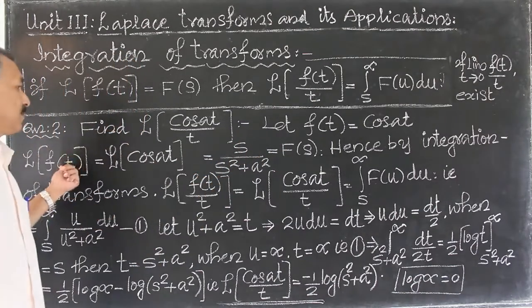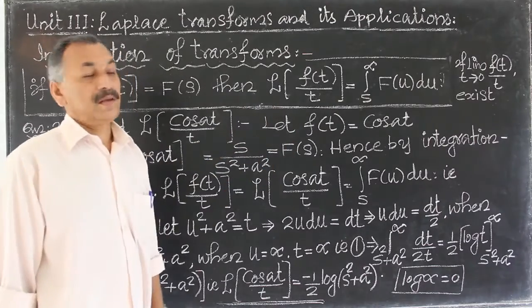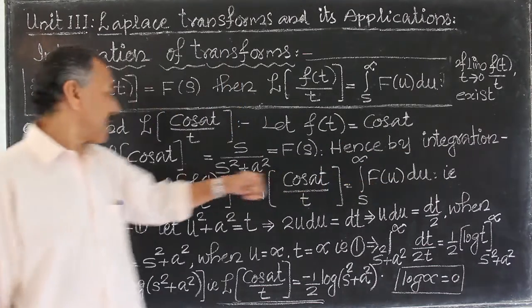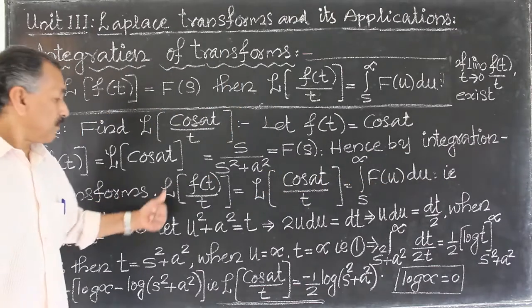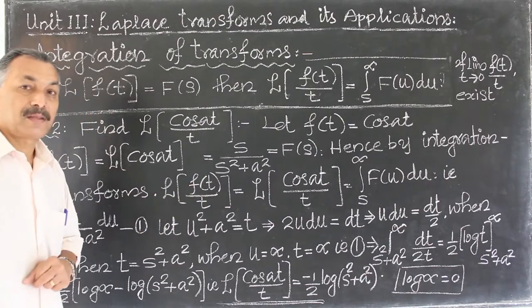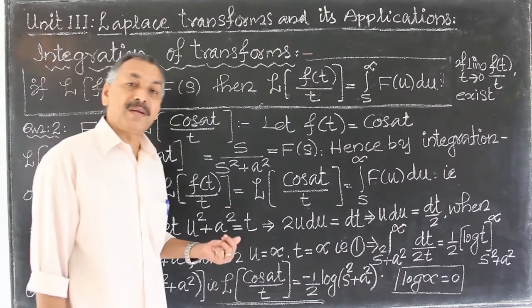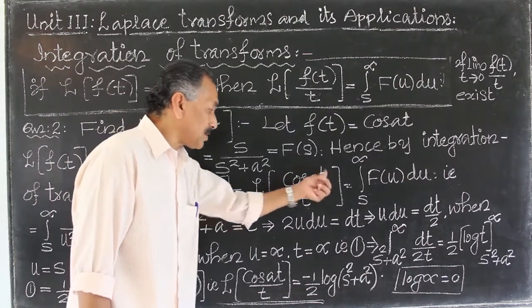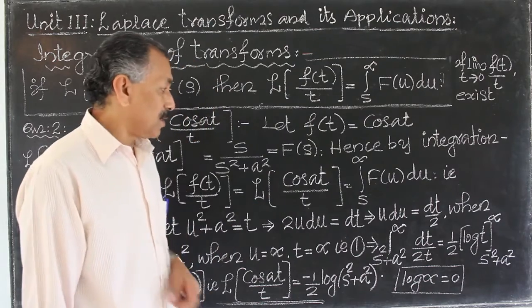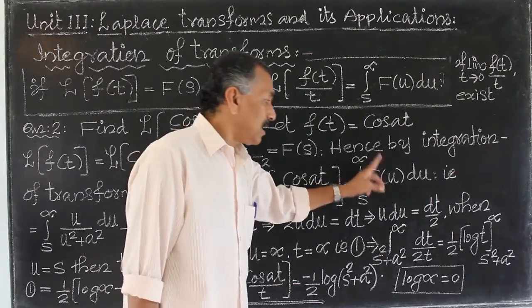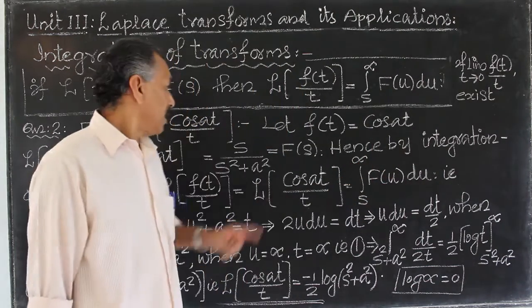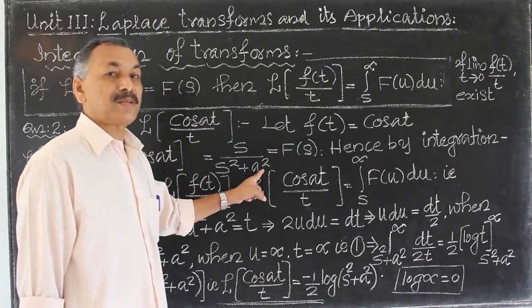Then f of t transforms to F of s. Hence, by integration of transforms, L of f of t by t, that is the Laplace transform of cos a t by t, is equal to the integral from s to infinity of F of u du. F of s is equal to s divided by s square plus a square.